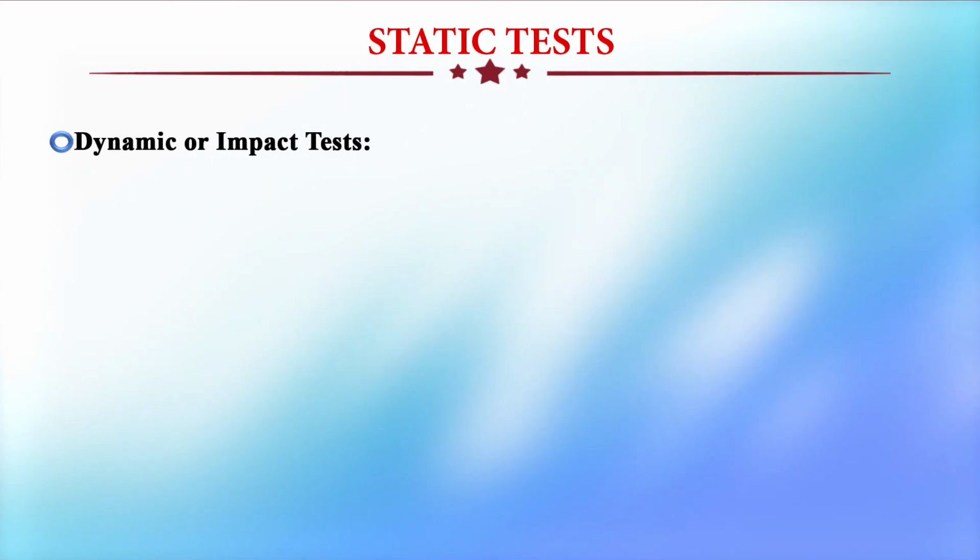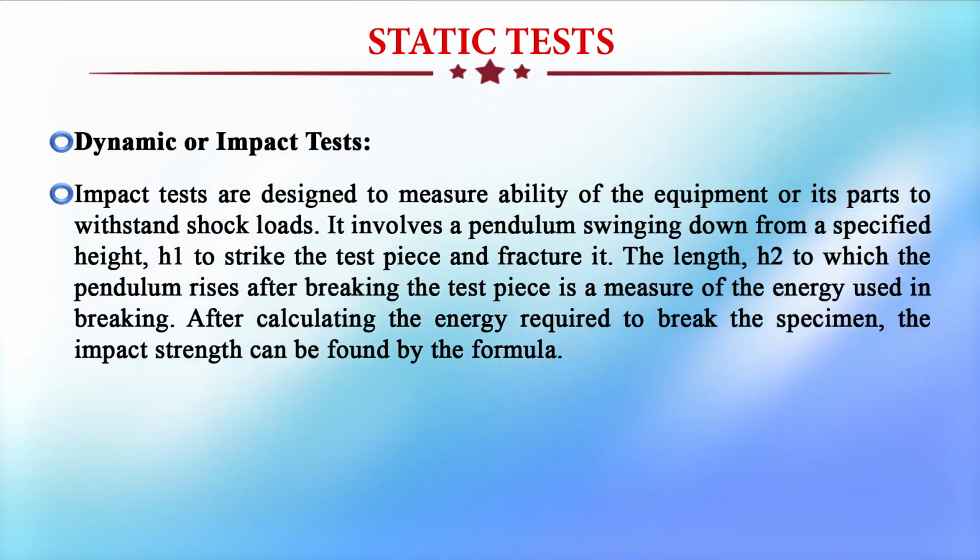Then comes dynamic or impact tests. Impact tests are designed to measure the ability of the equipment or its parts to withstand shock loads. It involves a pendulum swinging down from a specified height h1 to strike the test piece and fracture it. The height h2 to which the pendulum rises after breaking the test piece is a measure of the energy used in the breaking.